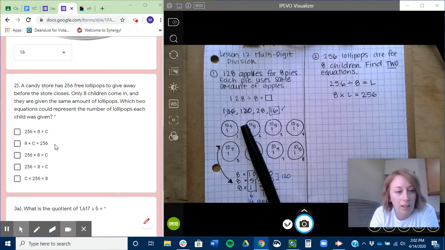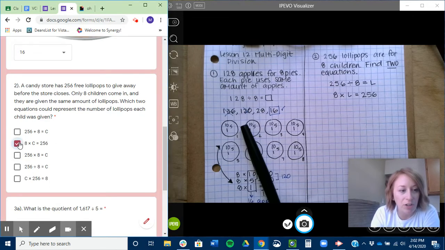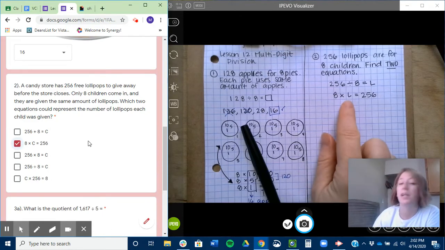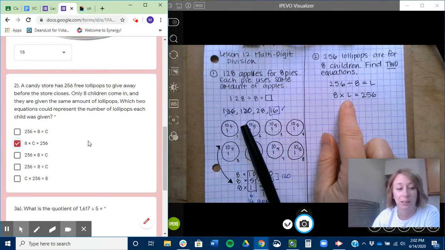No. The next one says 8 times C equals 256. Would that be correct? Of course. Even though the question is using the letter C, it's still in the same place as what we wrote in our number sentence.